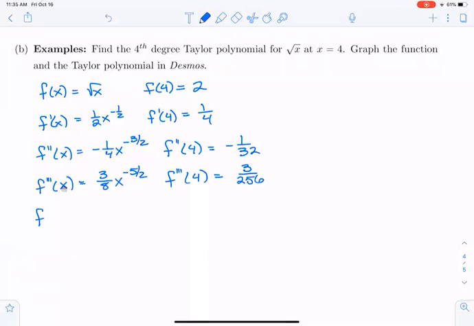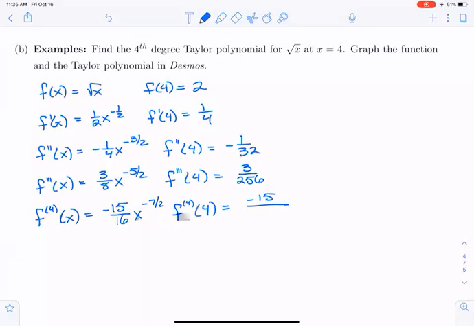And then the fourth derivative of this is going to be negative 15 over 16 x to the minus 7/2. So that's going to be the fourth derivative at 4 is going to be a negative 15 over 16 times 2 to the 7th.